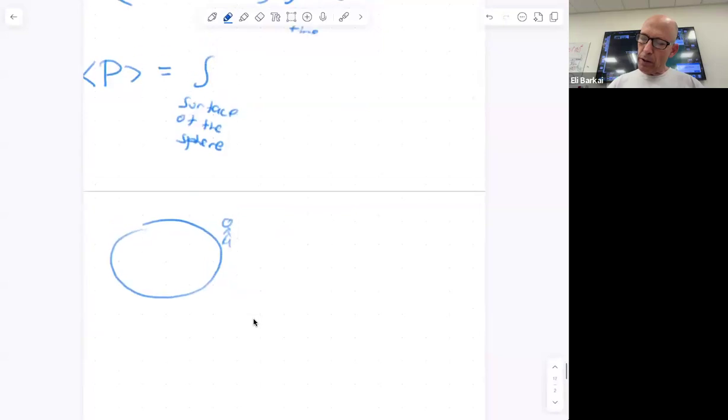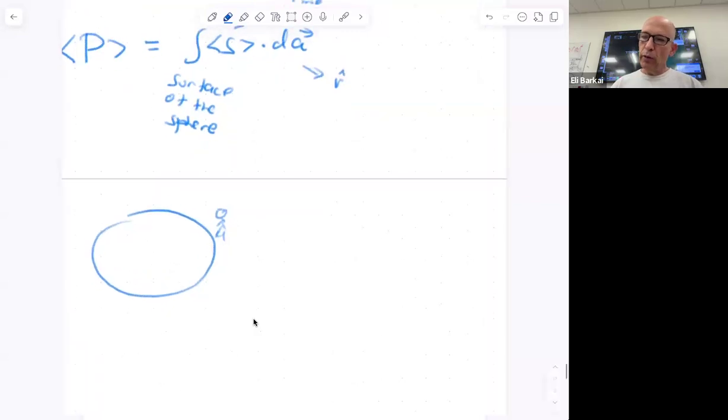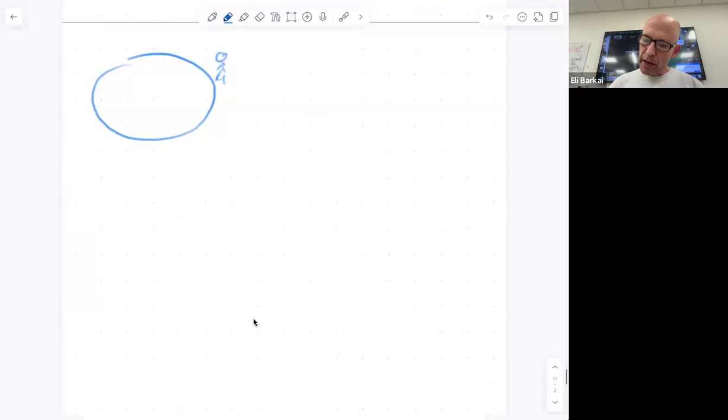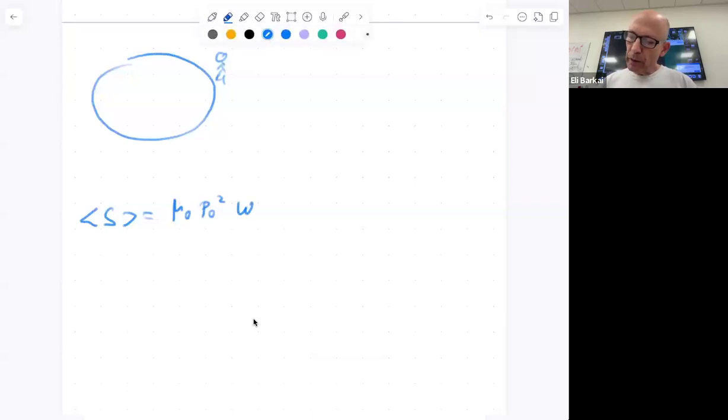So this will be S times dA. And this is in the R direction, and also S is in the R direction. So first let us write the average S. I didn't write it. What is the average S? Again, it depends on the angle theta. This is simply U P0 to the power 2, the dipole moment squared, W to the power 4.